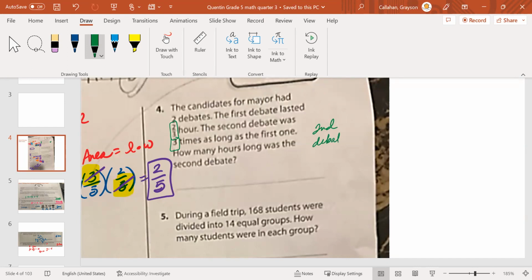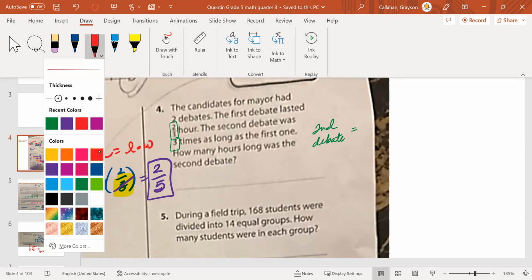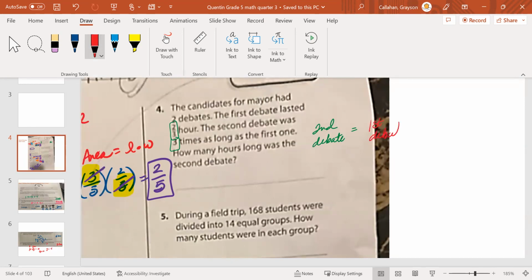Times 3. Okay, good. Second debate is going to be the first debate, right? Times 2/3. How long was the first debate? 2/3 of an hour.